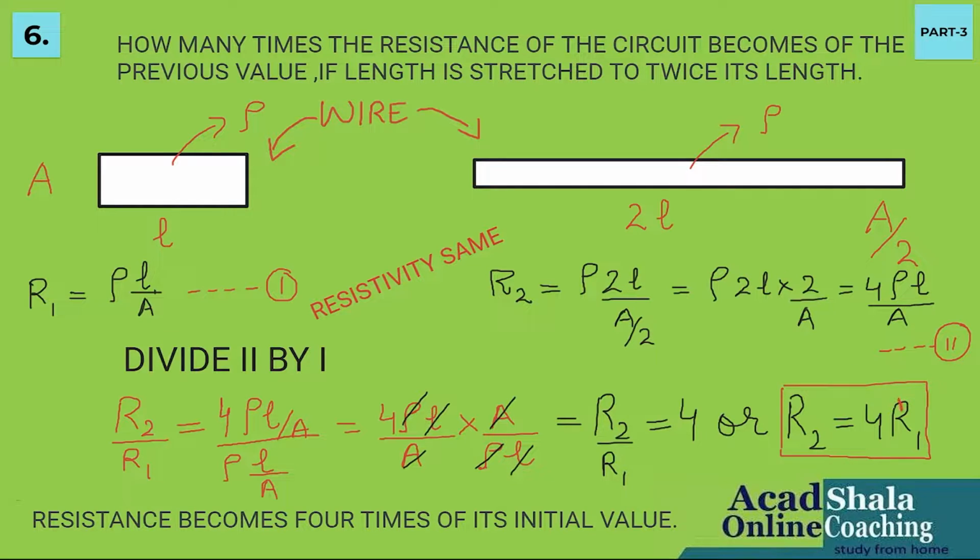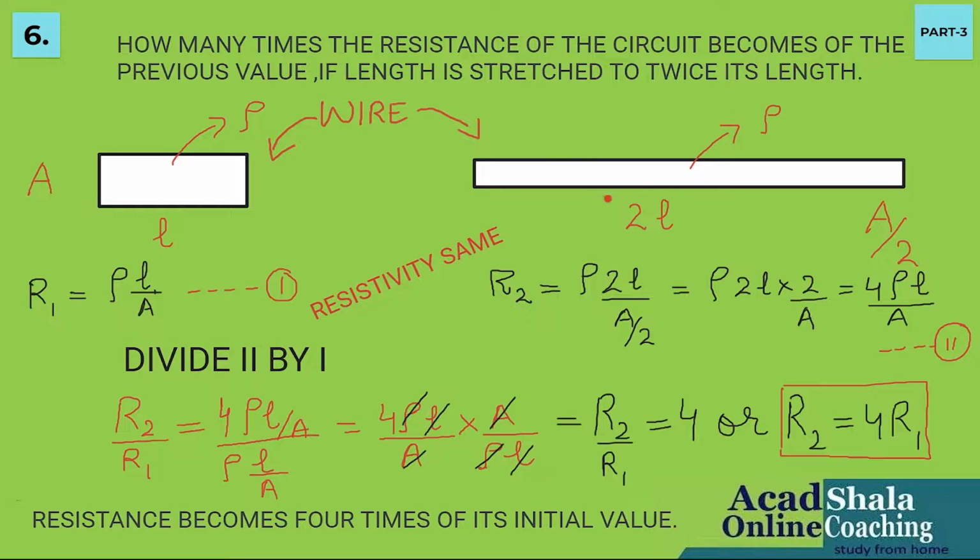That means where I started, the initial value. So after getting this answer, I have to put it in words too. It's very, very important, essential to put it in words also in the last. So I found after solving my numerical that resistance becomes 4 times of its initial value.